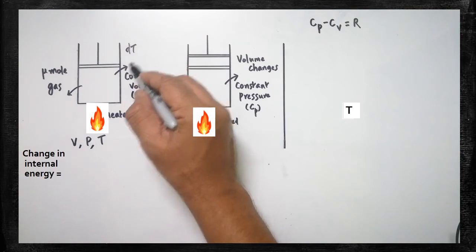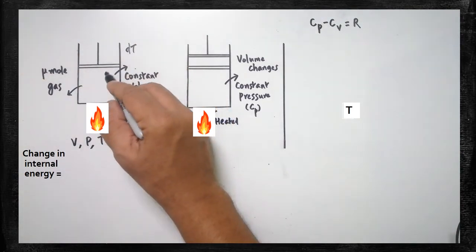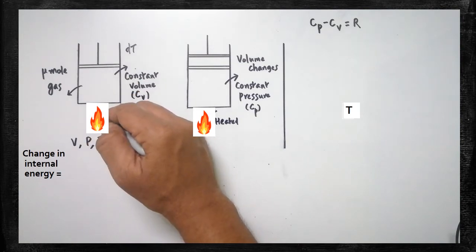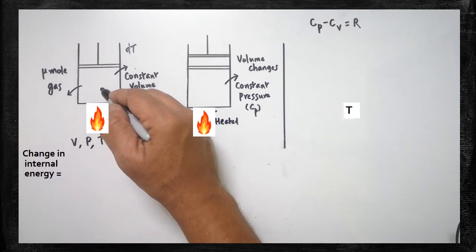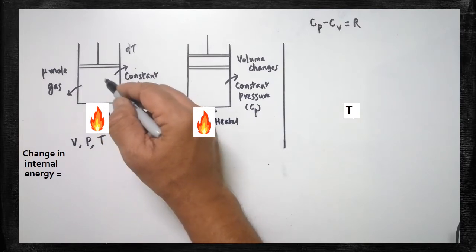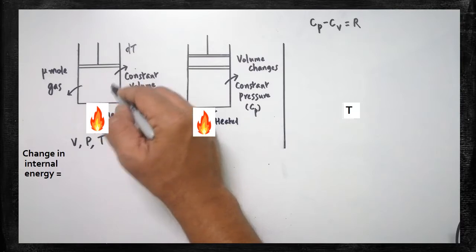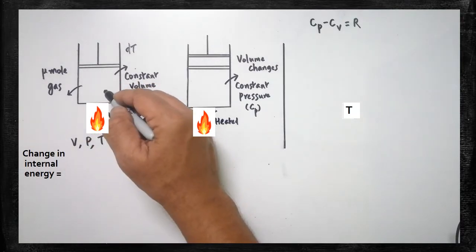Now, here the piston is not moving. Since the piston is not moving, you have to understand that no work is done. Are you clear? The heat given here is all converted into change in internal energy. The internal energy of the gas is changed due to the supply of heat.